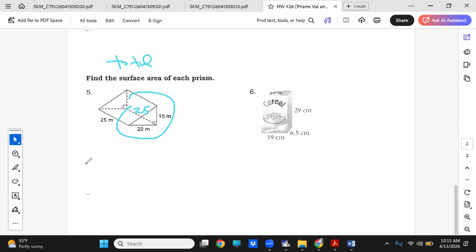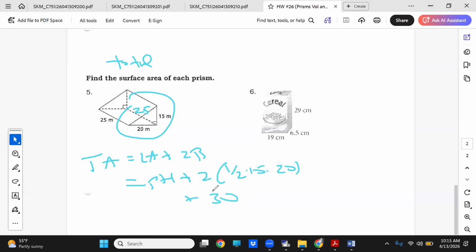So the total area is the lateral area plus twice the base. The lateral area is the perimeter times the height, and the base is a triangle, which is 2 times 1/2 times 15 times 20, which should be 300 when you multiply that out. The perimeter is going to be 60, right? 60 times the altitude, which is 25.